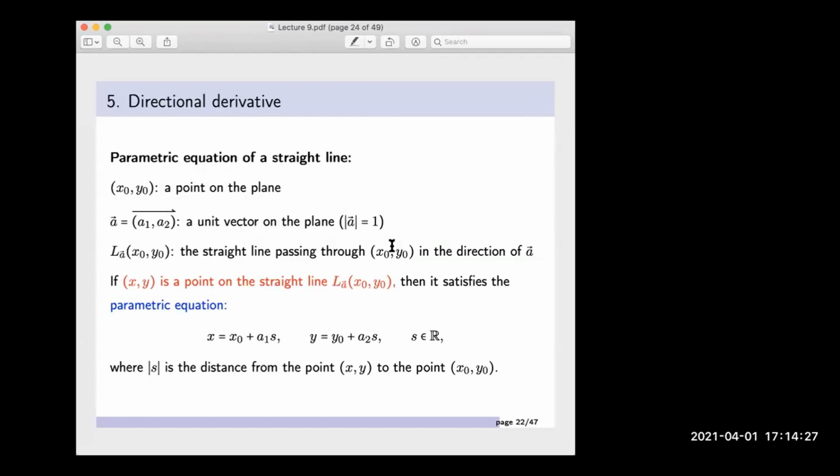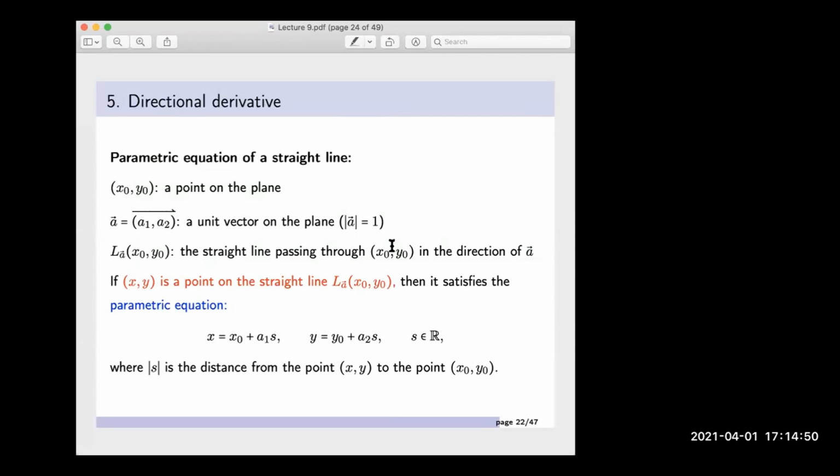These concepts can furthermore be used to define the directional derivative. So what's a directional derivative? Initially, we introduced two partial derivatives, in x and in y. These are two partial derivatives that represent derivatives in two directions, the x direction and the y direction.